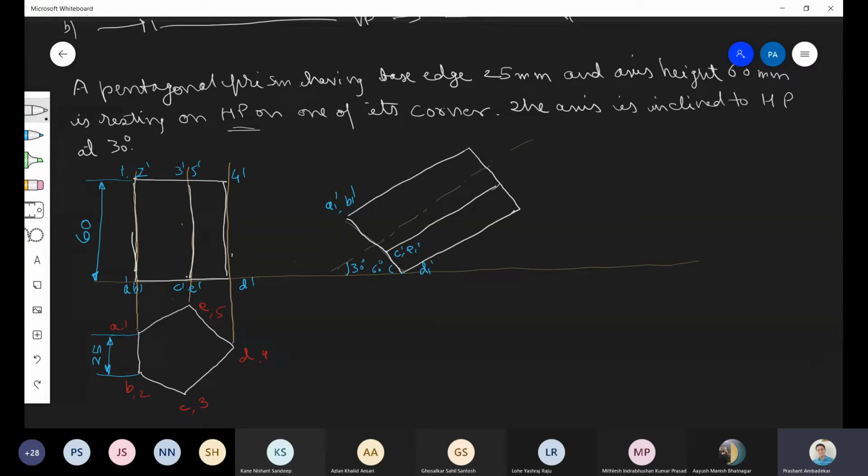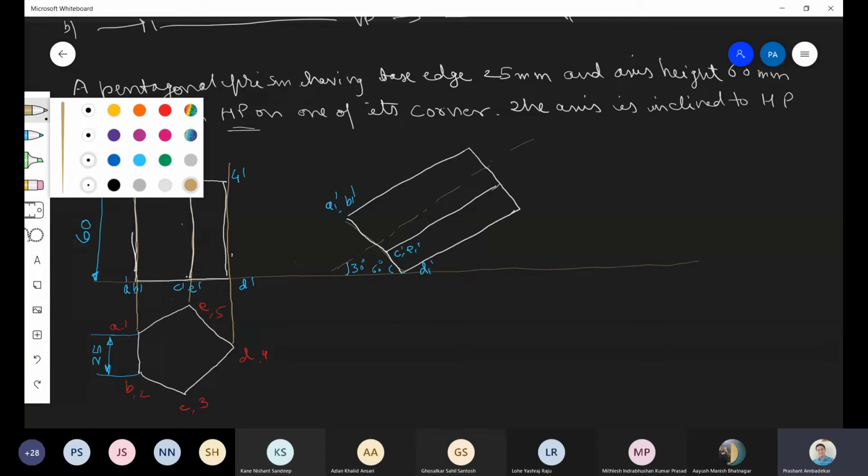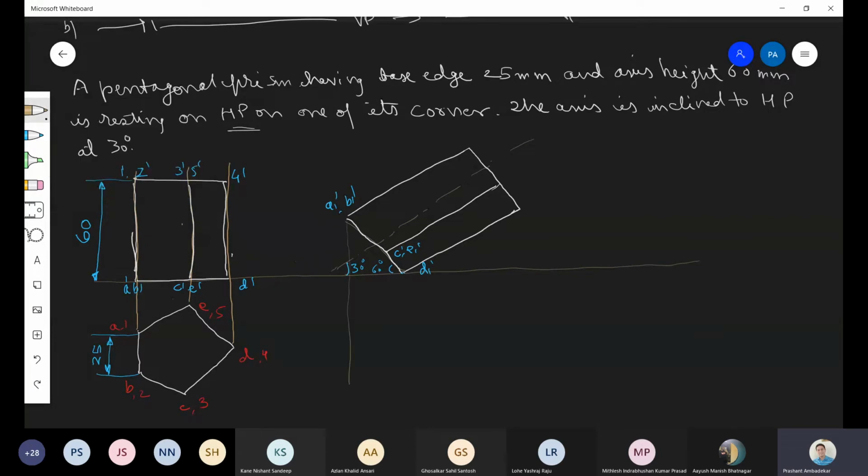Now next step is to what? Is to project it downwards like this. So we'll project it vertically downwards, and this line also will project vertically downwards.